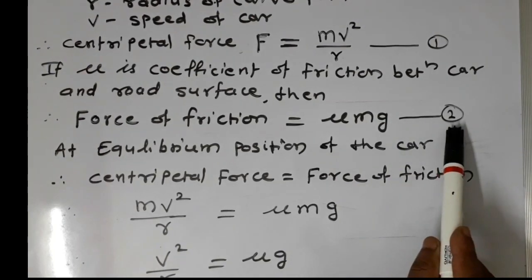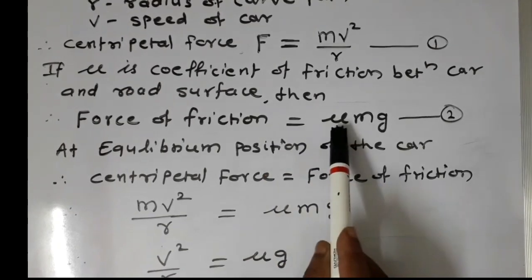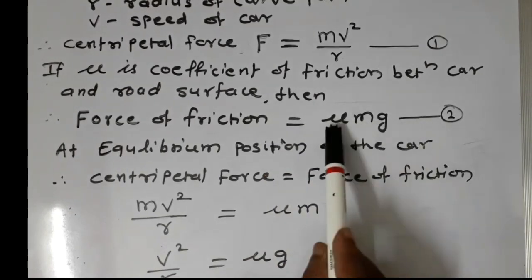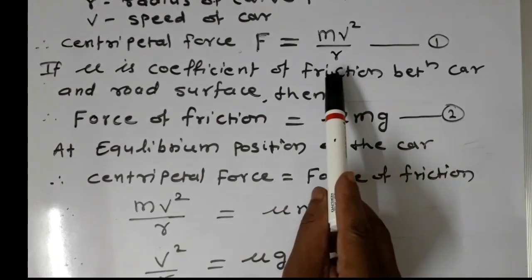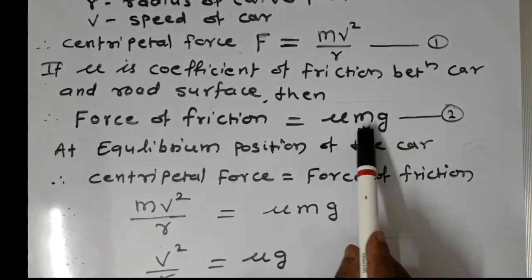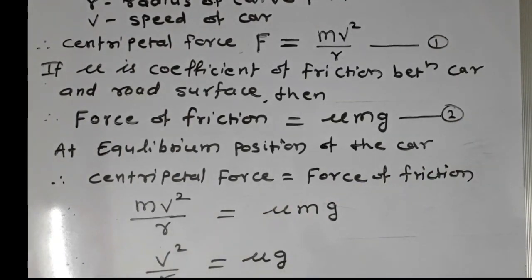This is equation number 2. The force of friction between the car and the road surface is equal to mu mg, where mu is the coefficient of friction, m is the mass, and g is the acceleration due to gravity.